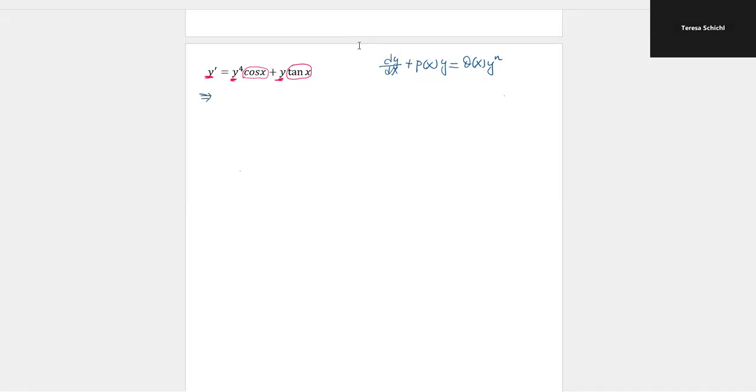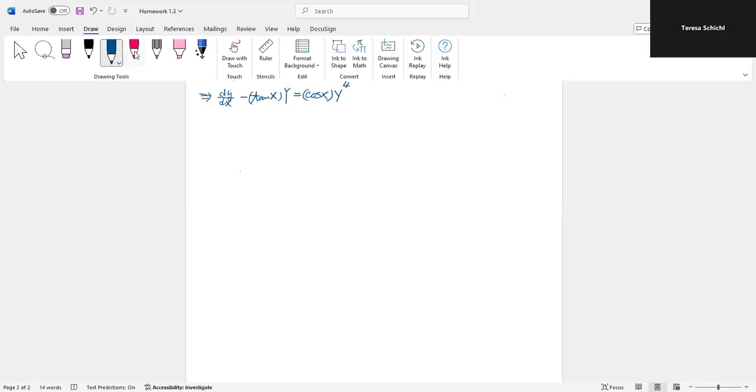So here the y prime, I like to change to dy/dx. Then move the y tangent x term over, so it's minus tangent x times y equal to cosine x times y to the fourth. All right, so now if I rearrange it, it will match my Bernoulli equation.